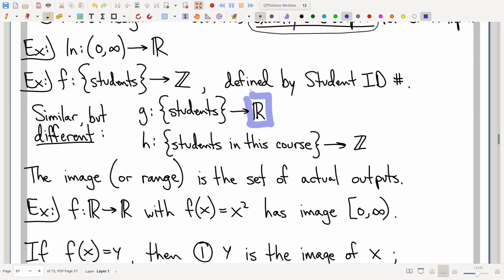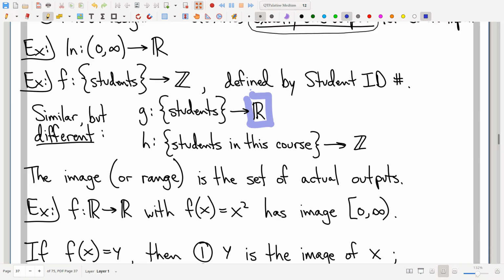Anybody have a non-integer student ID number? Wouldn't that be wild? It'd be silly, but it'd be funny. I'm pretty sure they're all integers, but every integer is a real number. And so, in fact, every output is a real number. But then you could also say it's natural numbers instead of real numbers. Yeah. And that would be a different function.